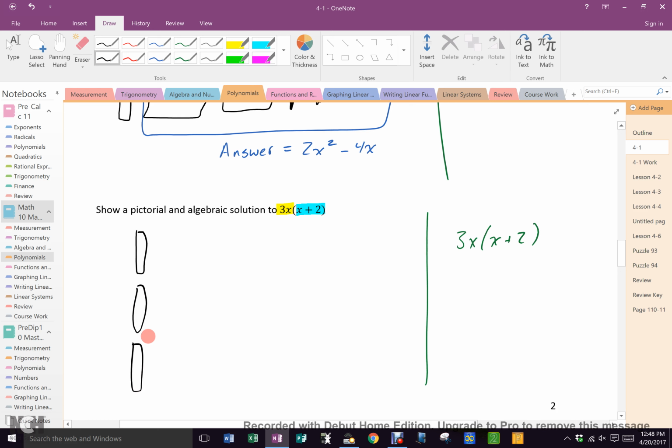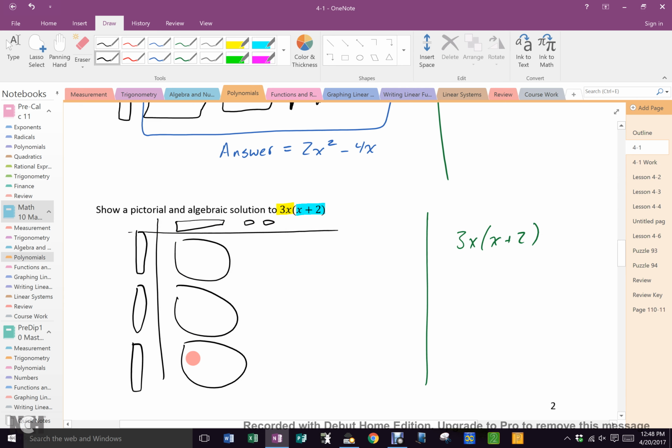Why? Because they're positive. What's the other side look like? 1 bar, 2 little guys, all uncolored. What's the middle look like? Big guy, big guy, big guy. Bar, bar, bar, bar, bar, bar. And the answer's in the middle. All you got to do is count. 3x squared plus 6x. Now come over here and show me with algebra.